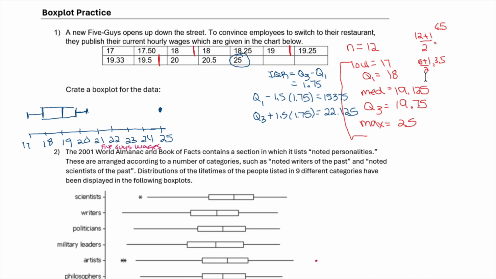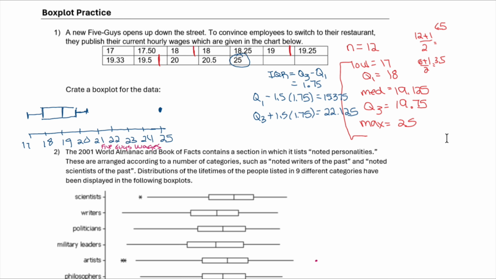So Q1 is 18. And Q3 is going to be the 75th percentile of the whole data. Same thing, n plus 1 divided by 4, but this time instead of counting from left to right, you can count from right to left. So we get that Q3 is between 19.5 and 20. Add those numbers and divide by 2, and we get that Q3 is 19.75.